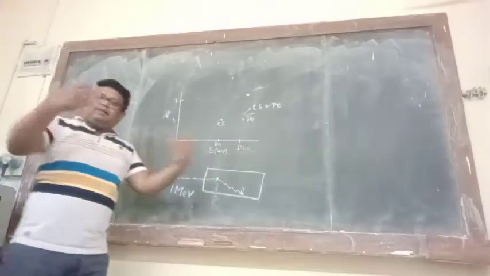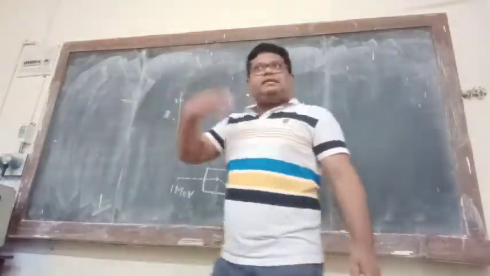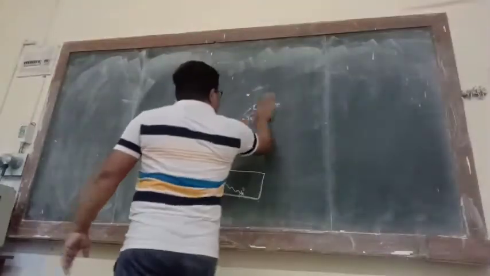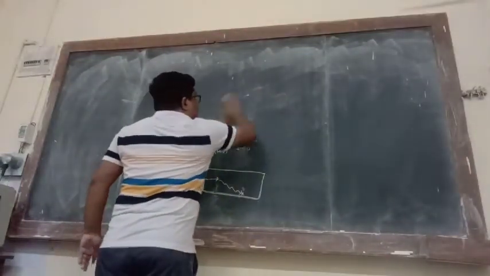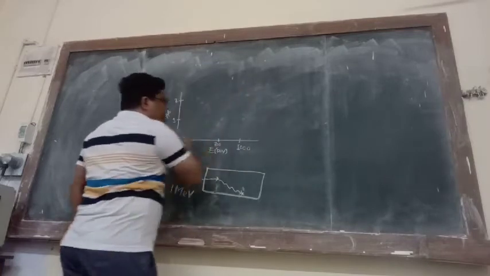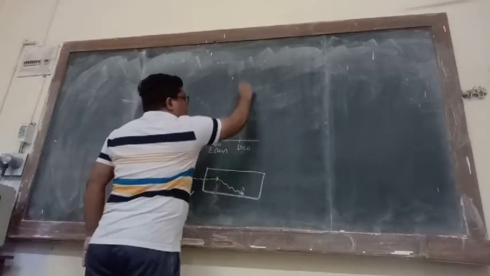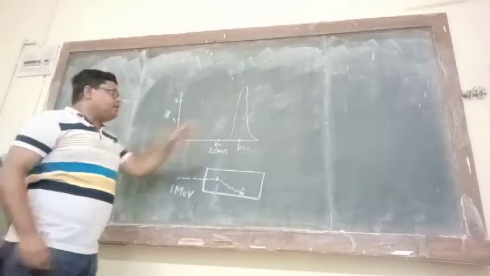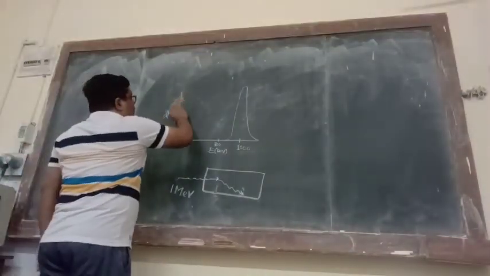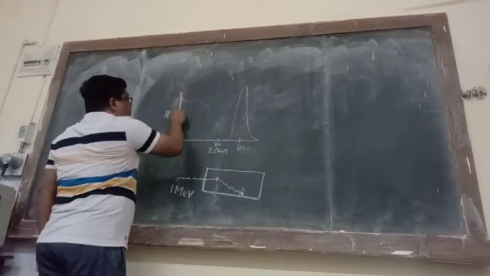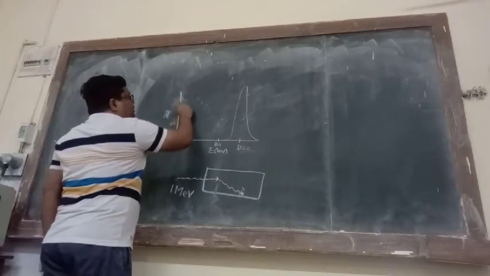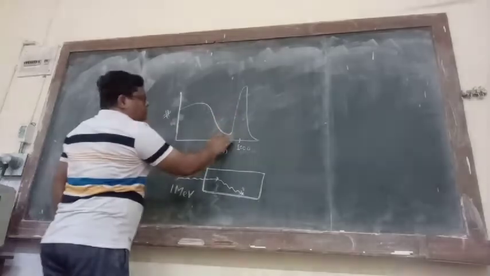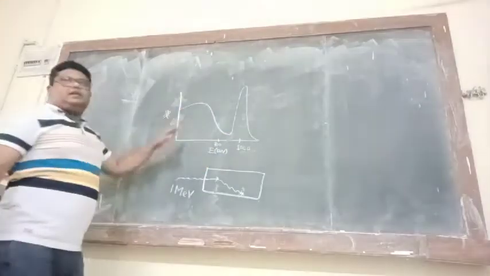Now in time, if we let such events keep on happening, what you will see is something like this. You will see a peak over here, which is the full energy peak, and also this part is the background.